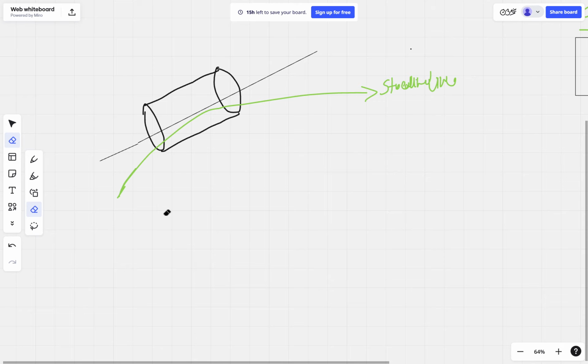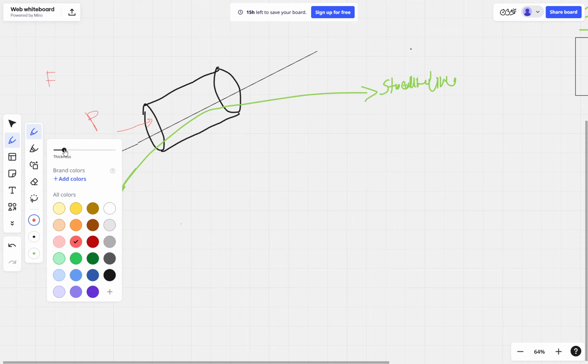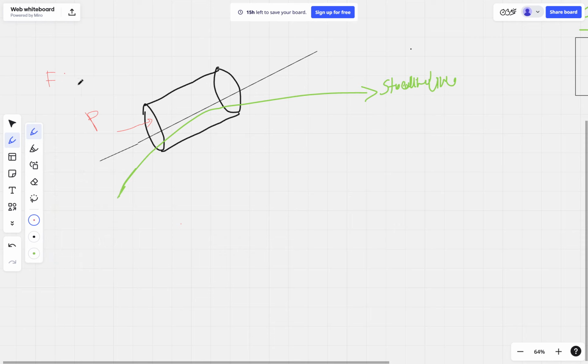Okay, so after that, let's assume some more points. So let's assume that here there is a pressure. Pressure is applicable over here, and over here there is also a pressure. So for this, let's just determine the F. So F is equal to ma.